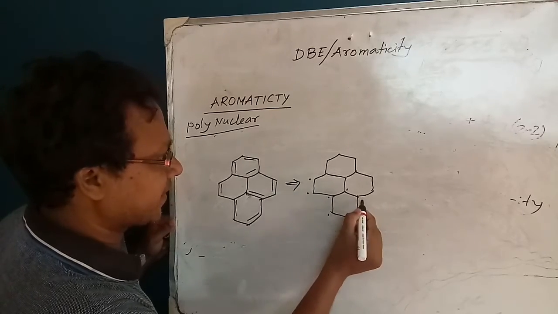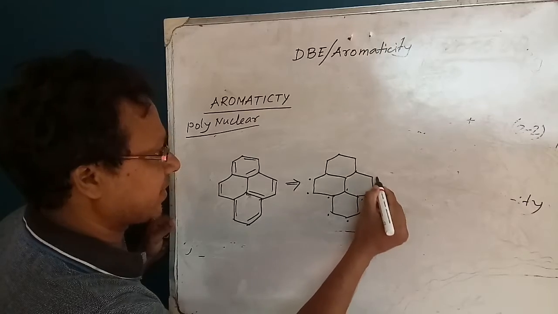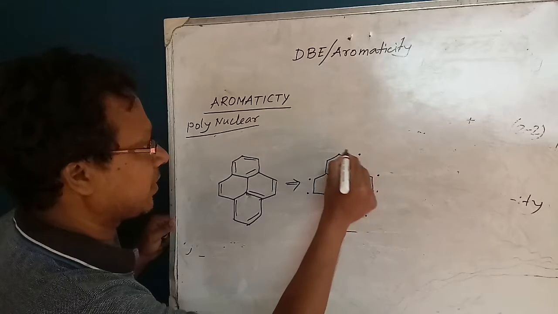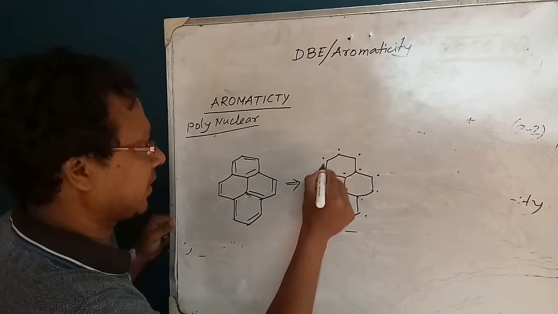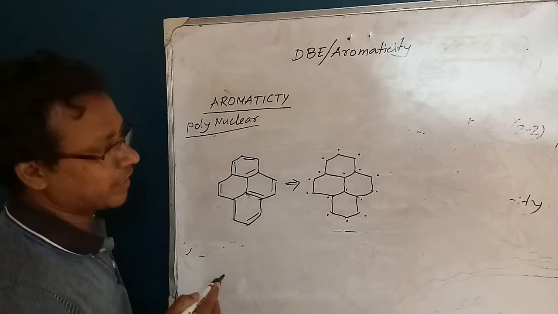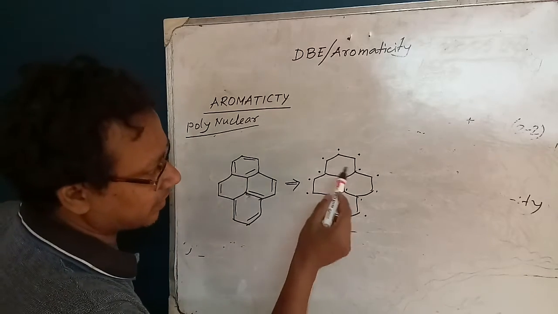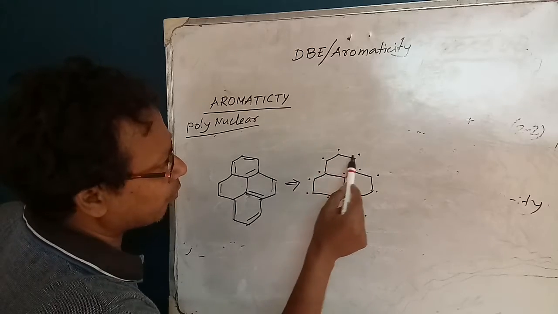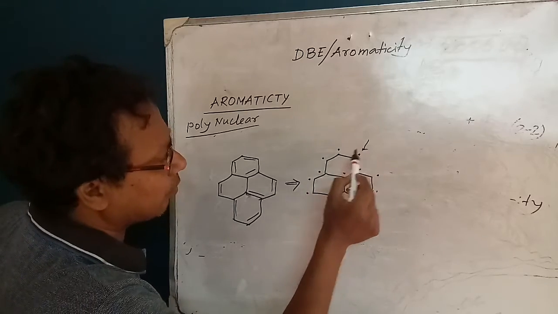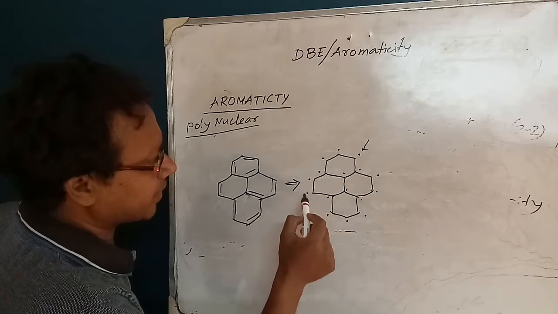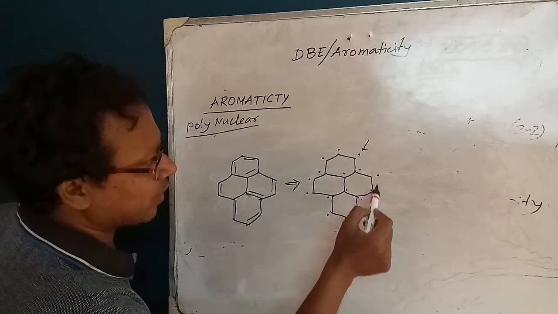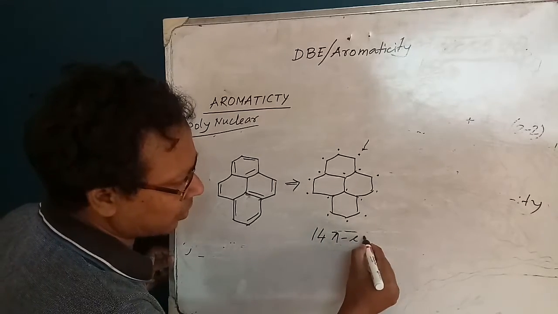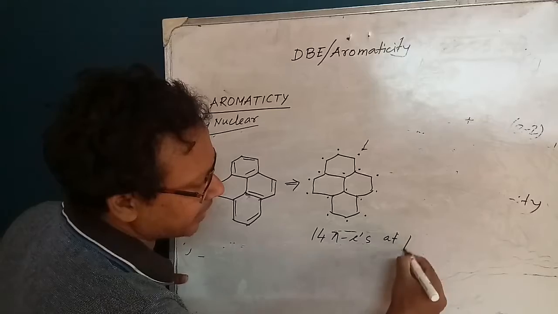This. This. This. This. This. Now look here, I am just giving you 1, 2, 3, look from here, 1, 2, 3, 4, 5, 6, 7, 8, 9, 10, 11, 12, 13, 14. 14 pi electrons at the periphery.